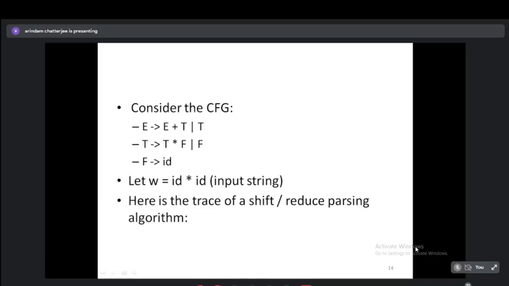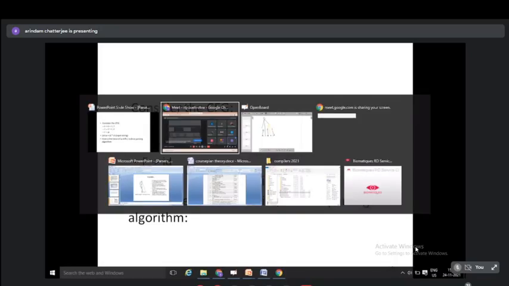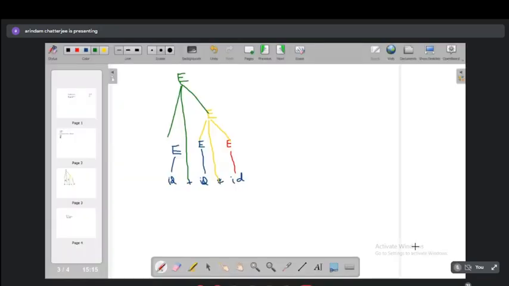Of course, we will keep the left recursion because left recursion has no problem with bottom-up parsers. Now, our string is ID star ID. So how can we trace the parsing algorithm using a stack? Till now, we have identified the handle and applied the production rule as a reduction step, or we have used the reduction to go back one step in the rightmost derivation.